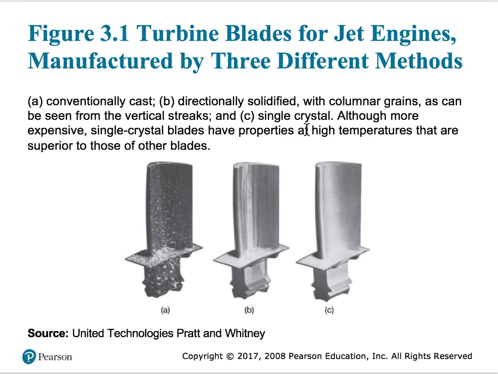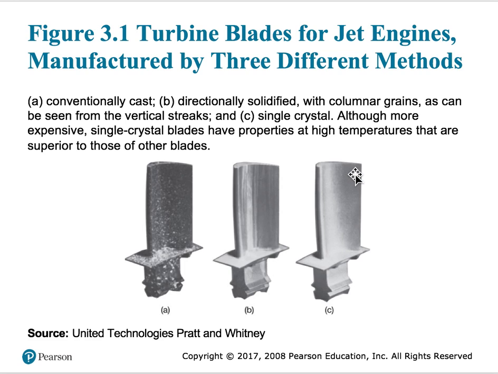And that gives you what are called columnar grains, and that has better creep resistance compared to these conventionally cast blade components. And then the third one, which is the more expensive variety, but that is also because they are much longer lasting, and that's because you get a single crystal.